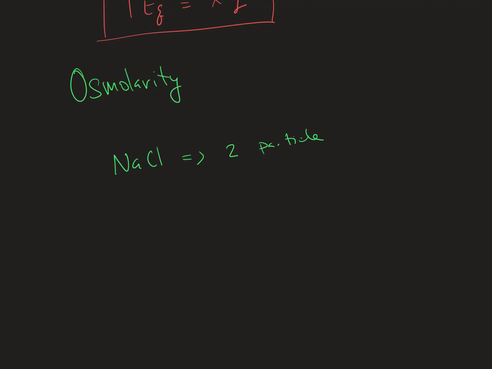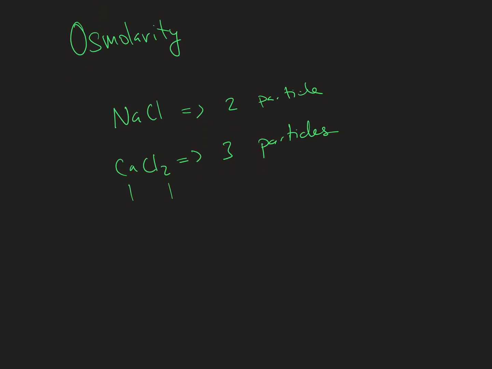You with me? If we have calcium chloride, how many particles do we have? 3. We have 1 calcium and 2 chloride ions, so that's 3 particles. Does that make sense? Here's a hard one. It's only hard if you're not paying attention.